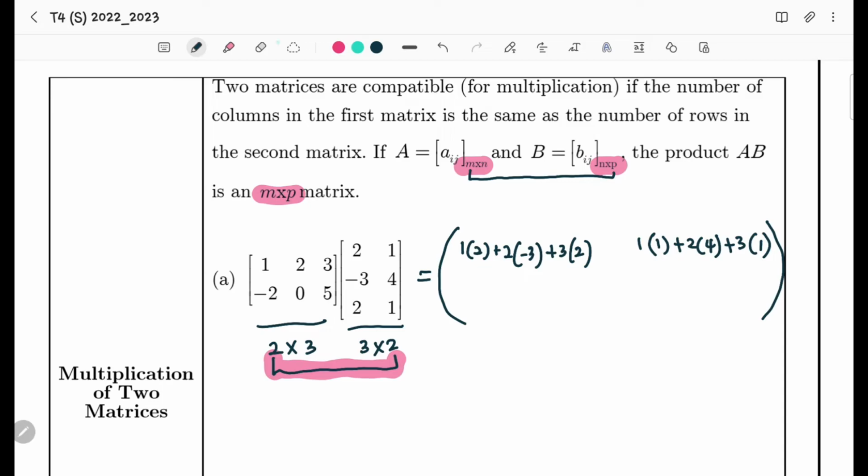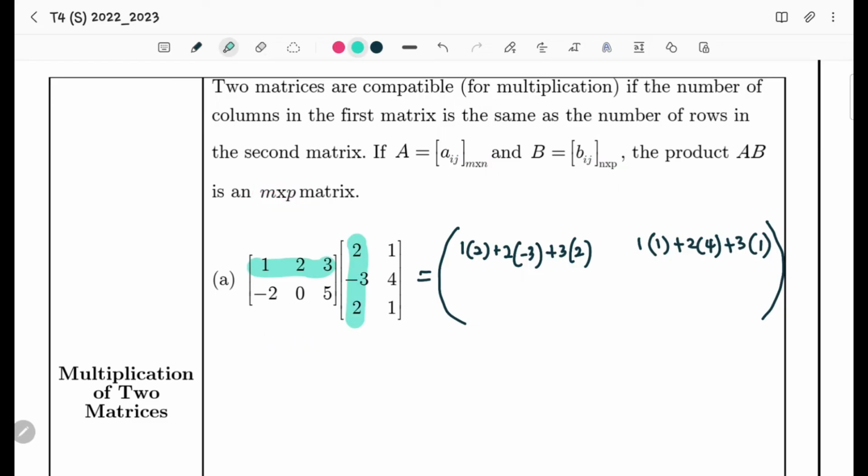So how do we multiply matrices? We have to take a look at the first row of the first matrix and the first column of the second matrix. Okay, so first row, first column. So you'll get the first row and the first column of the product. Right.